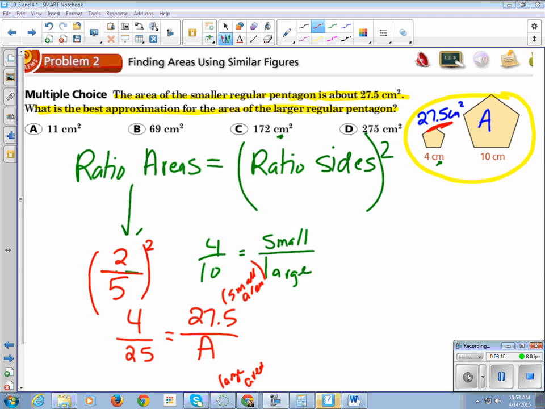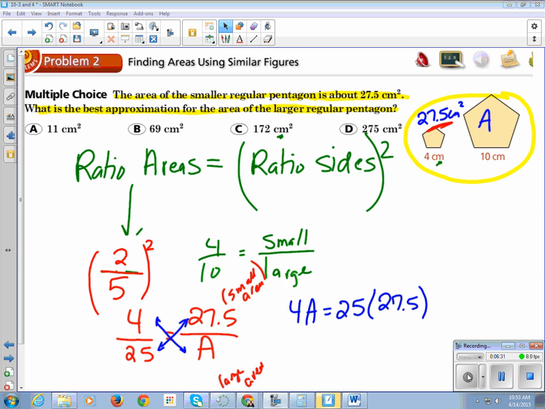I'm going to cross multiply and solve for A. So I'm going to get 4 times A is equal to 25 times 27.5. Put that in your calculator. That's 687.5. And then I solve for A by dividing by 4.